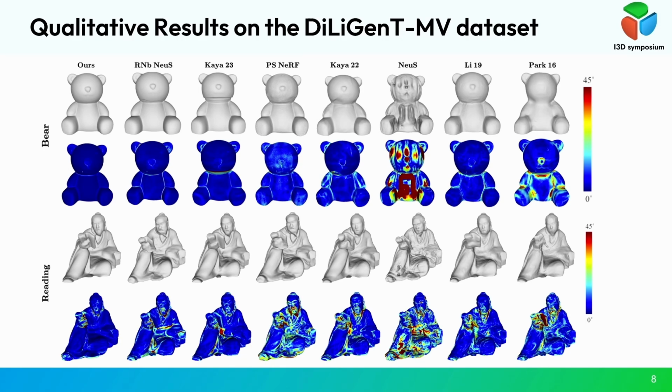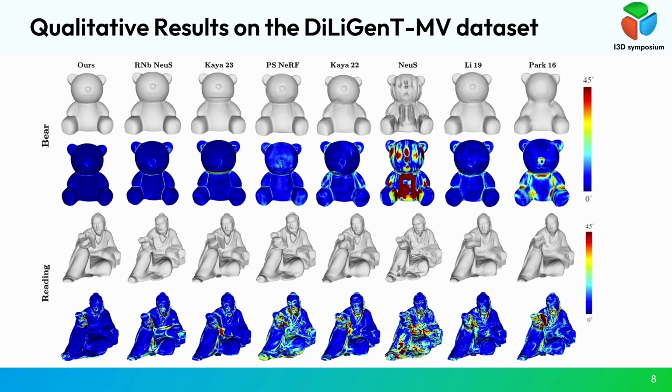Here is the normal mean angular error, which is shown in the second row of both the images. We compute this error by taking the per-vertex angular error between the ground truth and the reconstructed mesh.